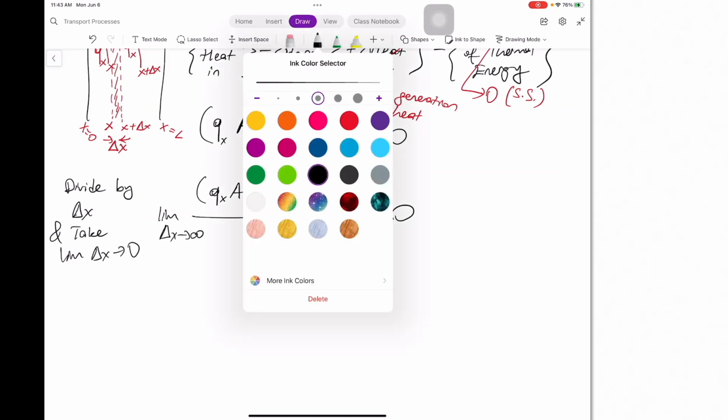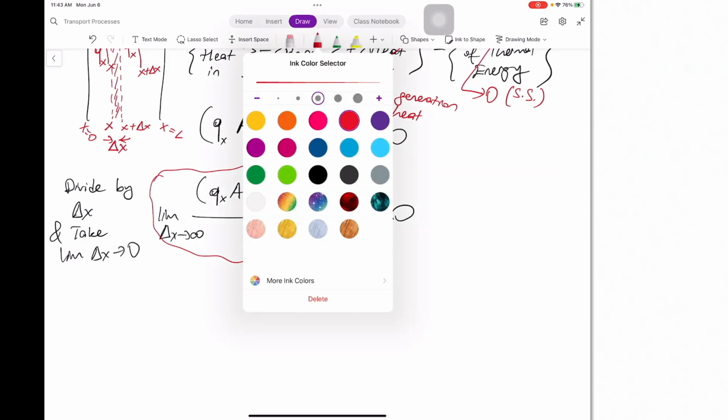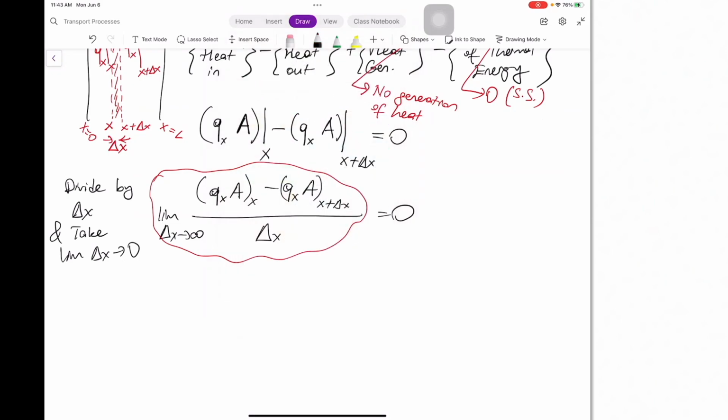And you have a definition for this. This thing is called the negative of the derivative, right? Because if it were qx at x plus delta x minus q at x, it would be the positive derivative, but this time it's the other way around. So it's the negative derivative of this quantity, which is qxA, is equal to 0. Okay, is that clear?